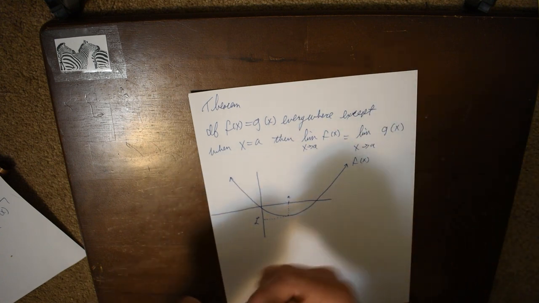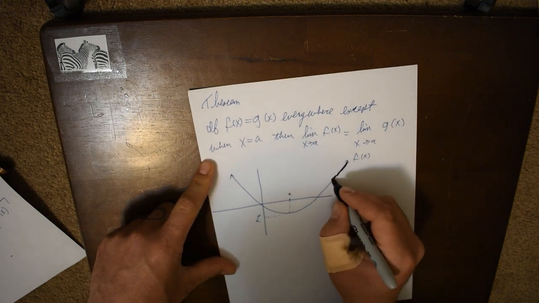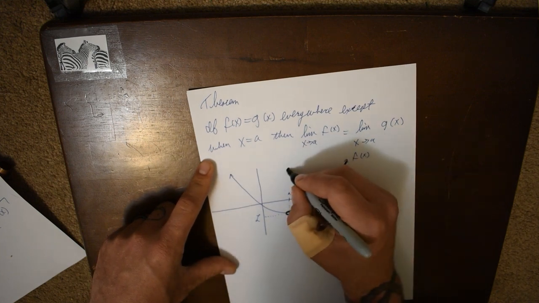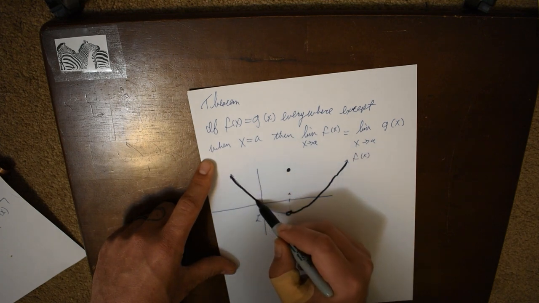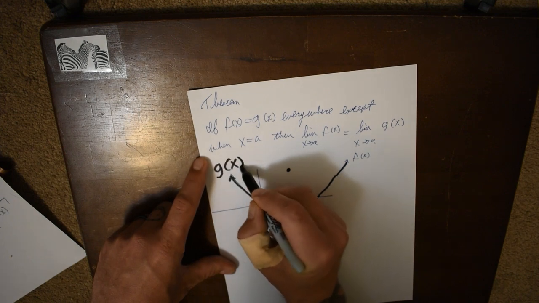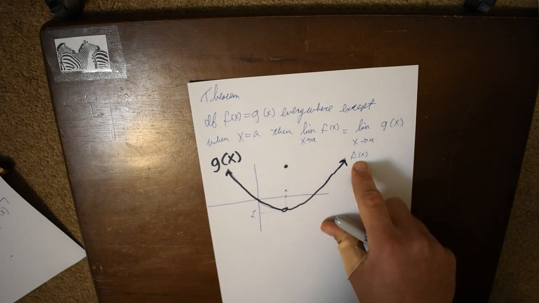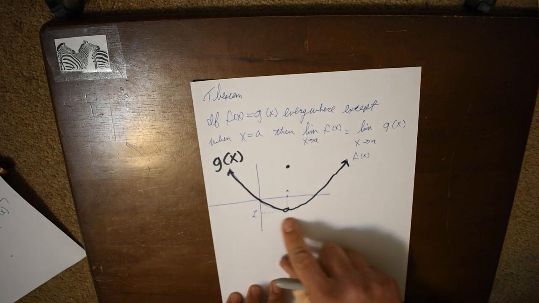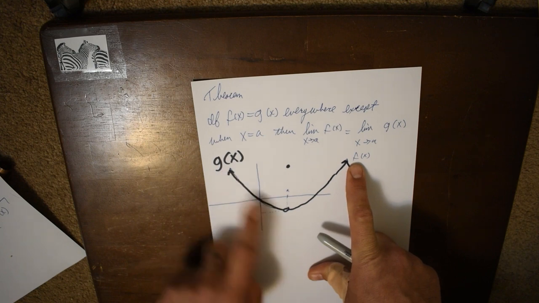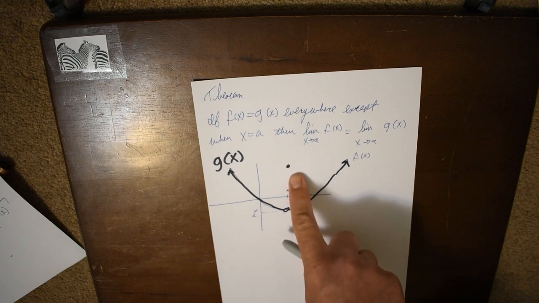G of x is going to be in a Sharpie. G of x is going to look like this. You can't see f of x for the most part anymore, but f of x was this nice parabola, and g of x was almost the exact same as f of x, except that when x is equal to a, g of x jumps. It has this value up here for whatever reason.